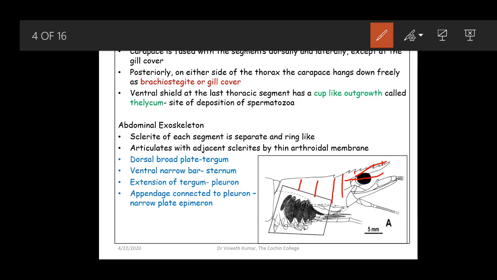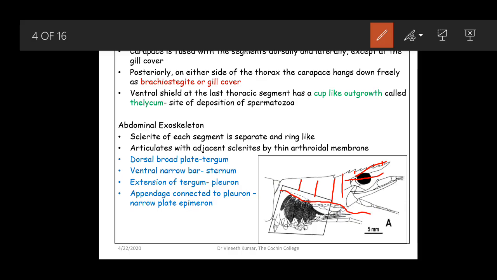Another thing to be noted is that the carapace is fused with the body wall, but there is an exception towards the posterior margin of the cephalothorax. The carapace is not fused there. You can see a dotted line here.